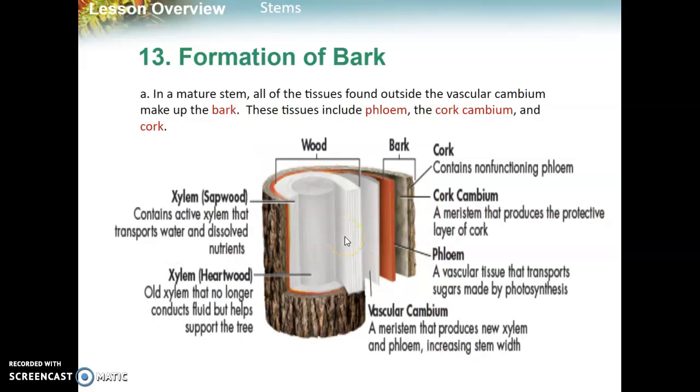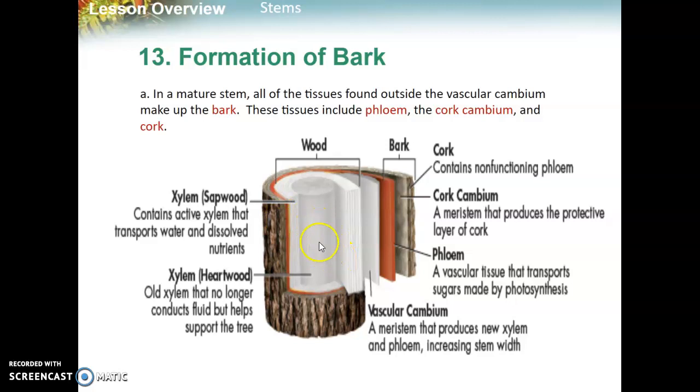So, last thing to say. In a mature stem, all the tissues found outside of the vascular cambium make up the bark. So remember, the vascular cambium is that layer that makes the xylem and the phloem. Everything outside of the vascular cambium is bark.